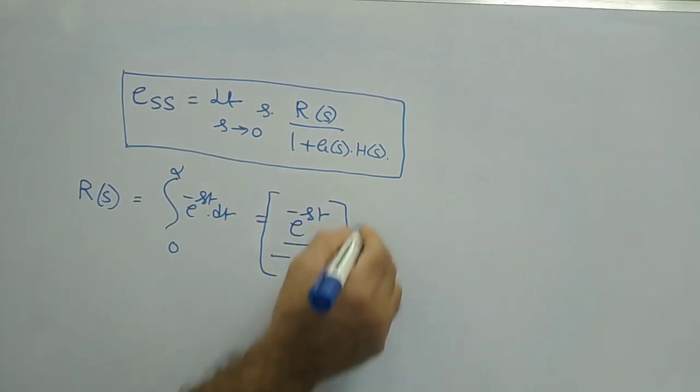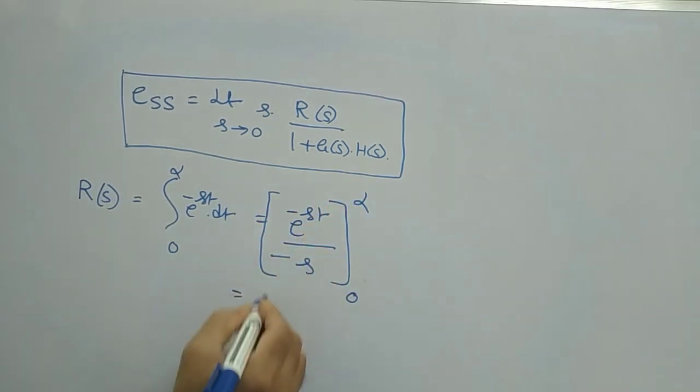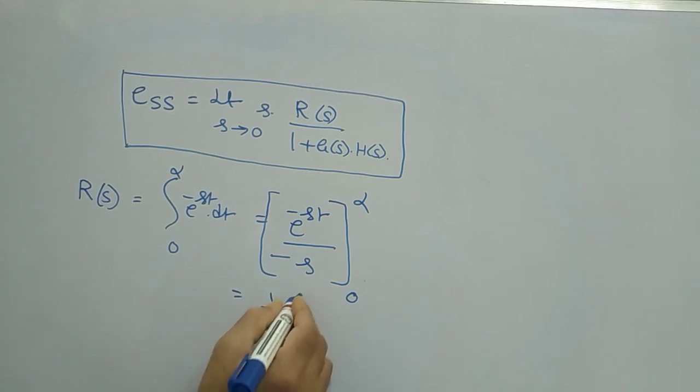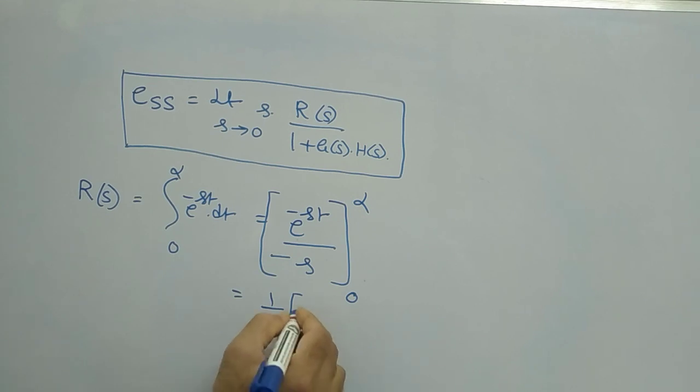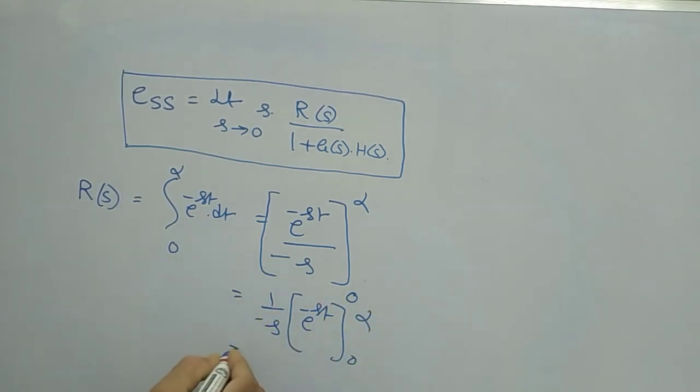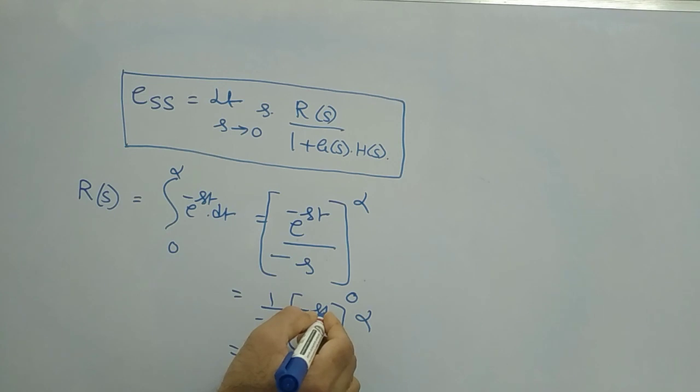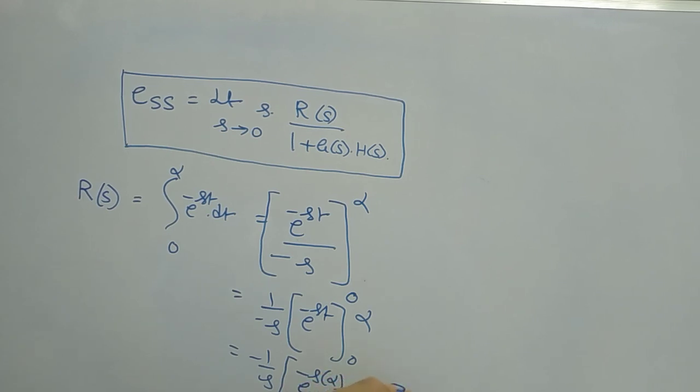Clear? 0 to infinity. Take minus 1 by s outside, so this implies minus 1 by s e^(-st). In place of t, substitute the upper limit infinity, e^(-s into infinity), minus the lower limit, e^(-s into 0).